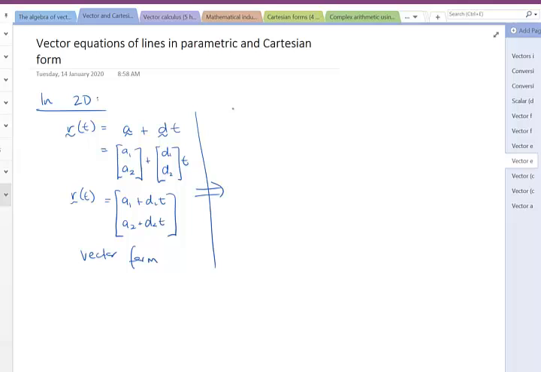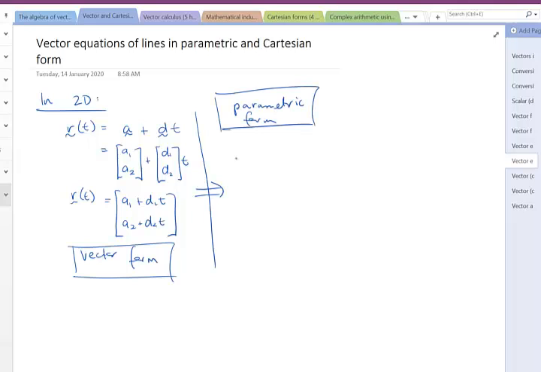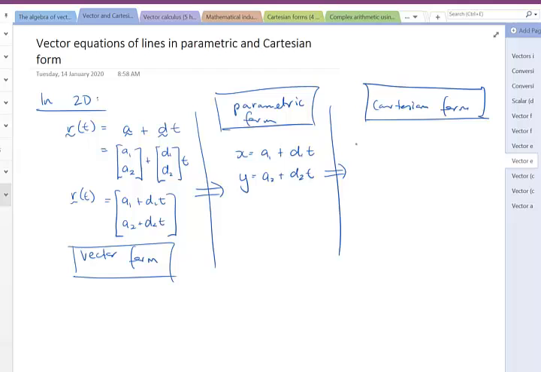If we want to convert into parametric form, then we're looking at x is equal to a1 plus d1t, and y is equal to a2 plus d2t. That's nice and easy there. And then followed by the conversion into Cartesian form, where we can isolate the t value. x subtract a1 is equal to d1t, and therefore t is equal to (x take a1) on d1.